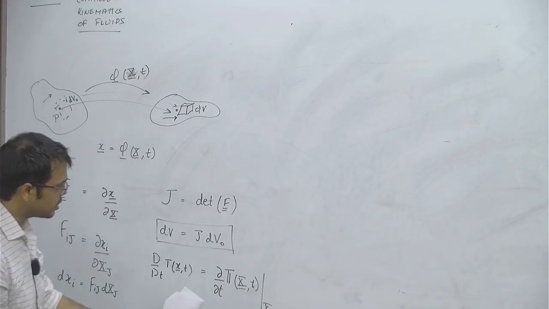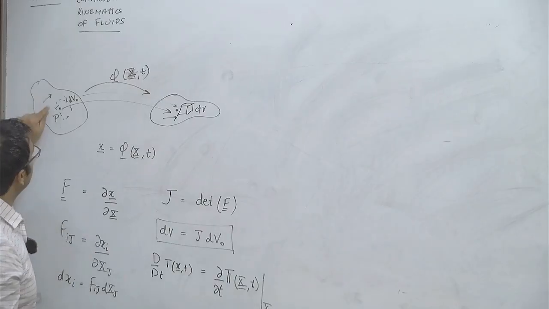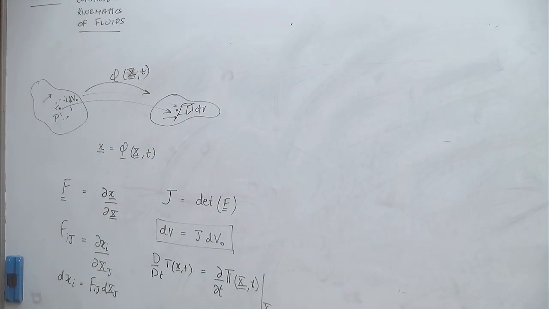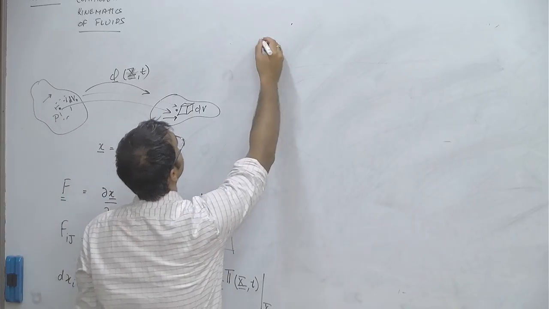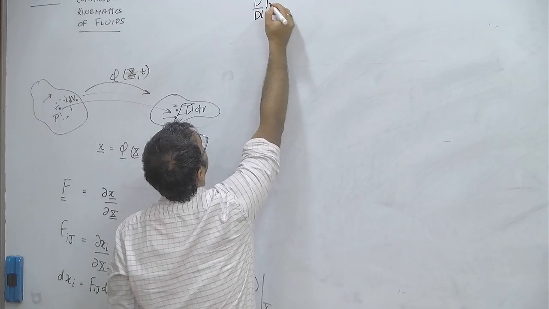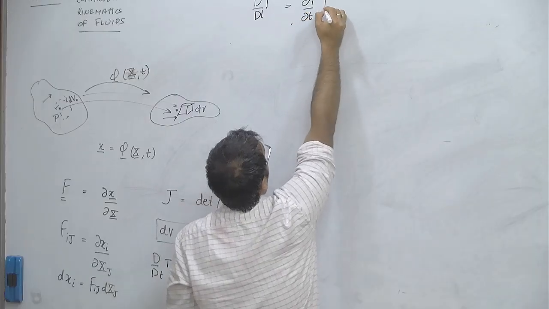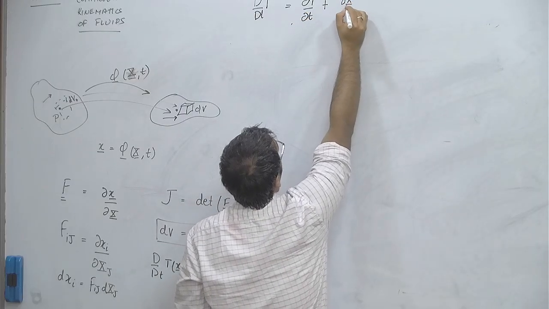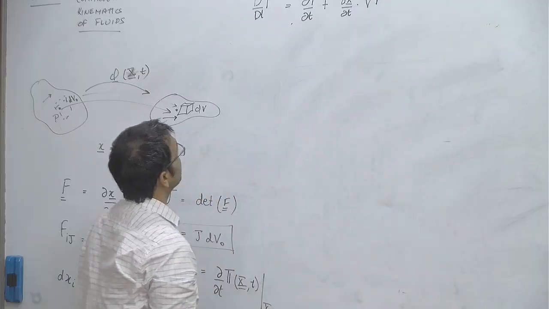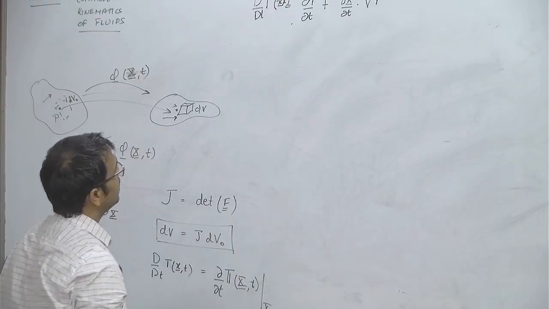Okay, so you are supposed to keep the capital X constant, that is, you are tracking the same material particle, same guy coming from here, you're tracking it at different times and it's at different spatial locations. Okay, so we had said that capital D by dt of, let us say, a property is basically this, because this is a function of the spatial coordinate and time.